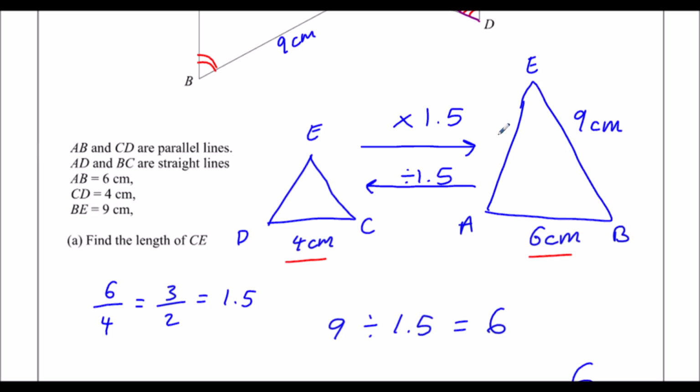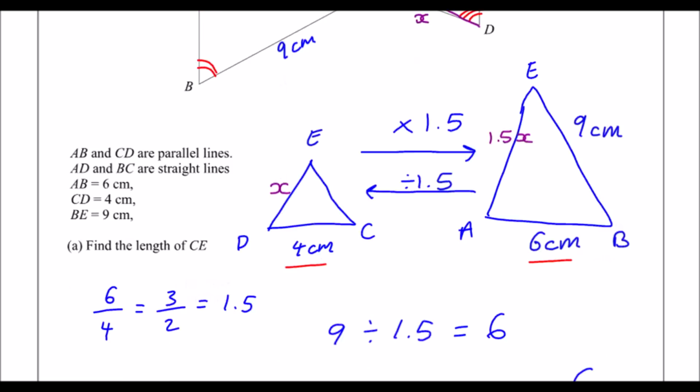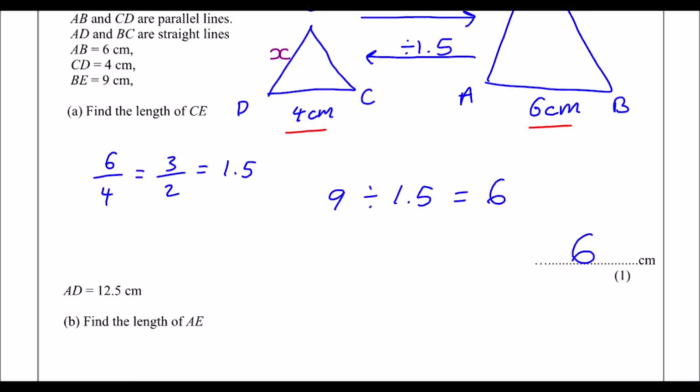So if we have X as ED, AE is going to be X times 1.5, which is 1.5 X's. ED is X, AE is 1.5 X. And those two lengths add up to make 12.5.